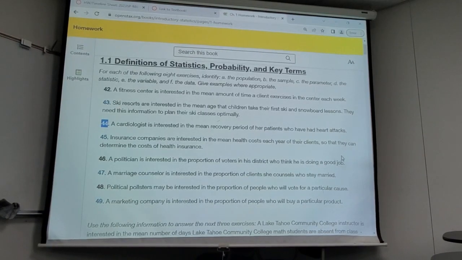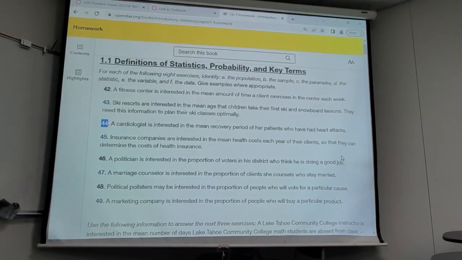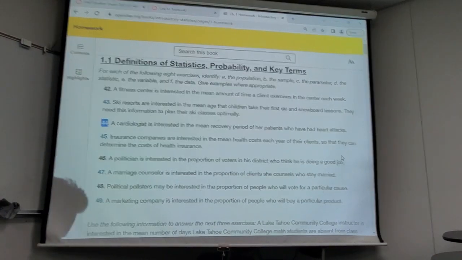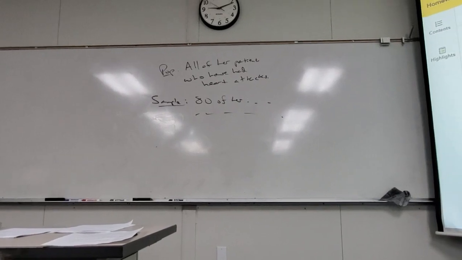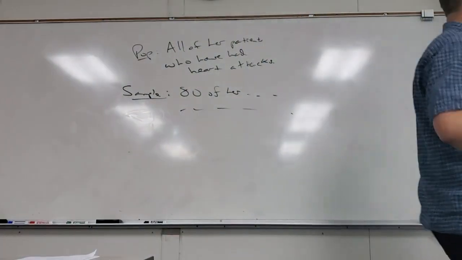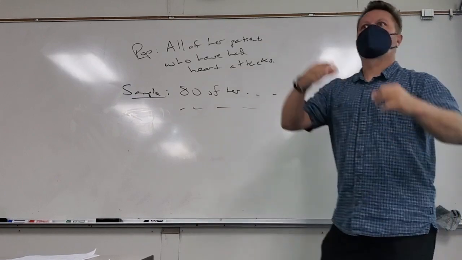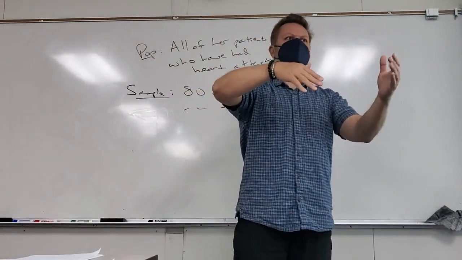Now, the parameter. What's the parameter in this case? Mean recovery period for all of it. Yes! I'm sorry. I got it. So, parameter and statistic will be some numerical description of the population or the sample, right?